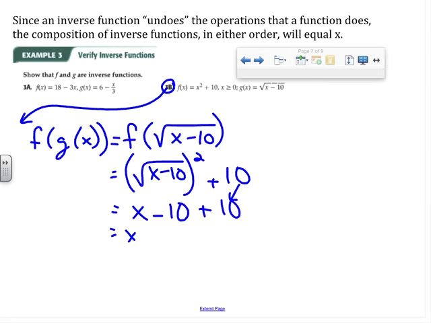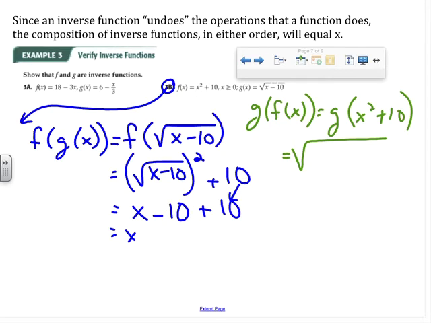Let's do it in the other direction, taking g of f of x. I'd be taking g of x squared plus 10, and plugging that x squared plus 10 into the square root of x squared plus 10 minus 10.